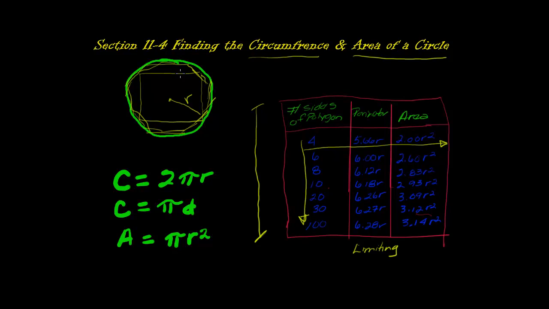Similarly, as we calculate area, we notice something very similar, that the gaps in between become smaller and smaller, and we get to a point where, once again, we see that this becomes somewhat of a limiting factor.